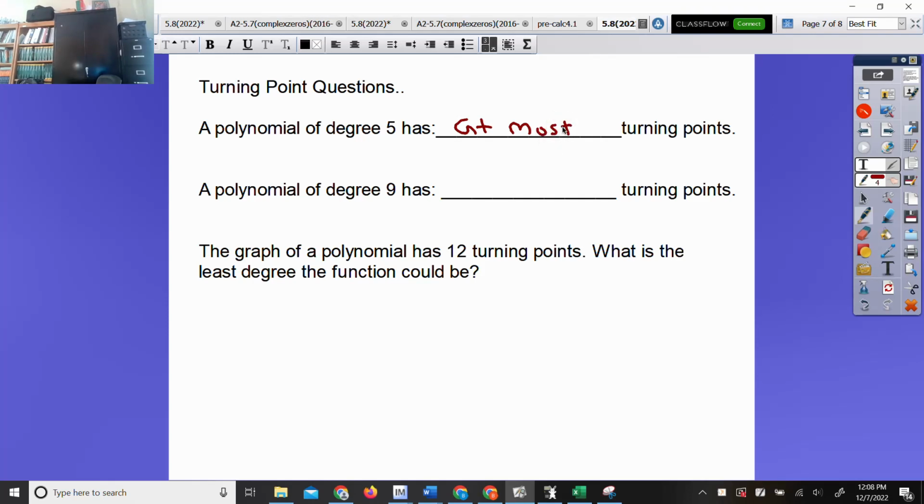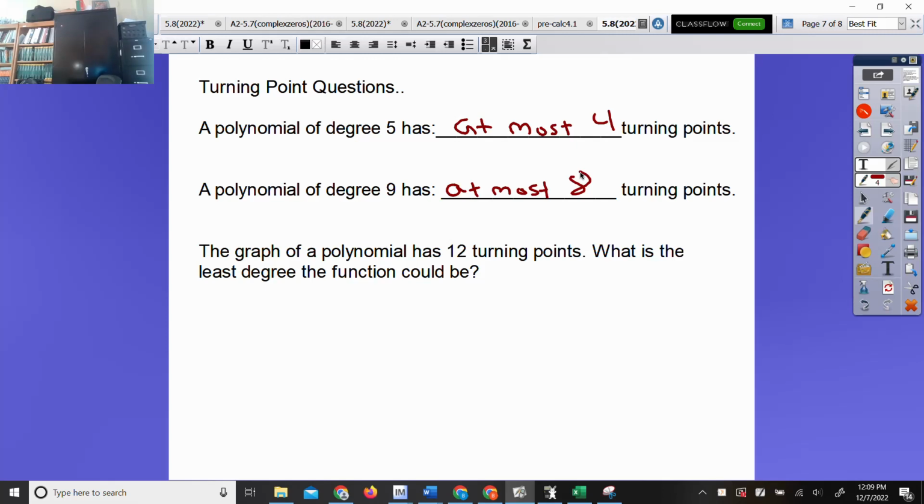It has at most 4. Another similar question. Now it's degree 9. At most. Don't forget the wording at most. A lot of kids forget the wording at most. At most 8. Any questions on that? It's just take what I want, isn't it?